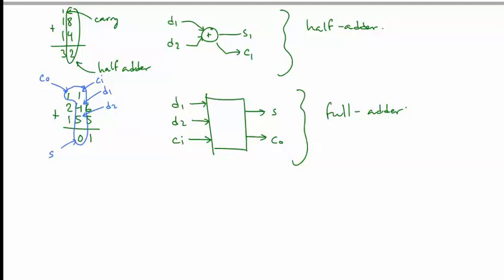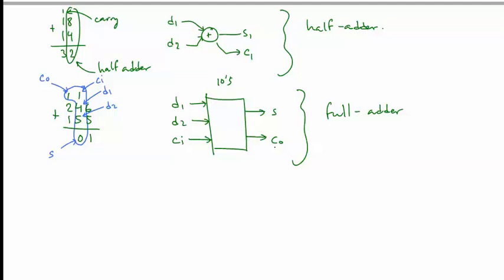Now, if you have a full adder, you can take two full adders and put them together to make a full adder that can handle two-digit numbers, right? So we could take the carry out from, if this is the ones, let's say this is the tens column.